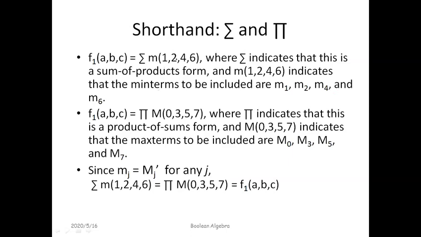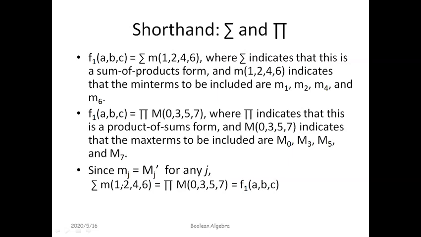You remember what these figures stand for? These are decimal equivalents of those binary numbers on the input combination. Then we go to the product of sums. F1 ABC is equal to pi M, open bracket, 0, 3, 5, 7, we close the bracket, where pi indicates that this is a product of sums form, and M, 0, 3, 5, 7 indicates that the max terms to be included are M0, M3, M5, and M7.